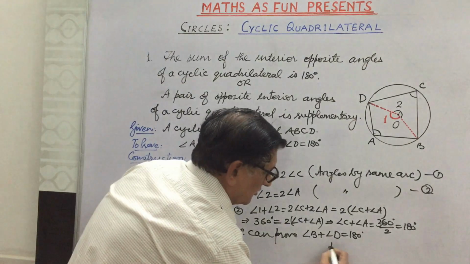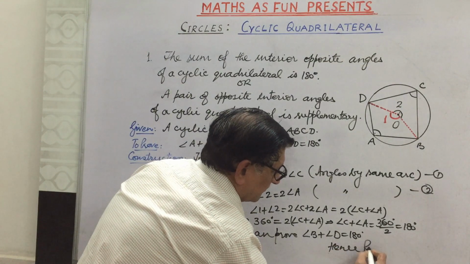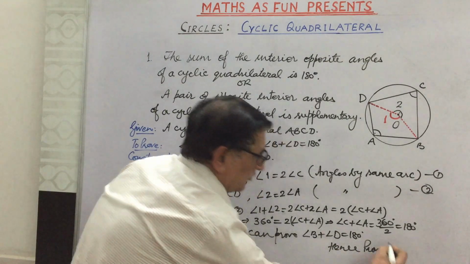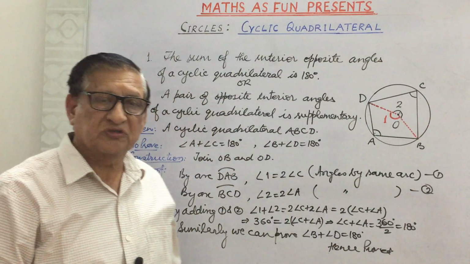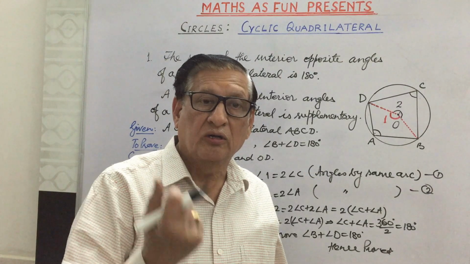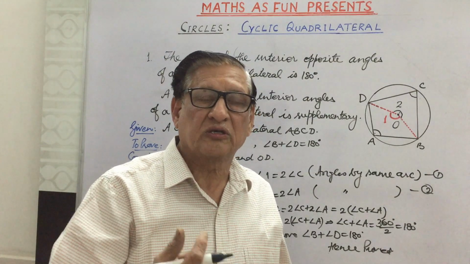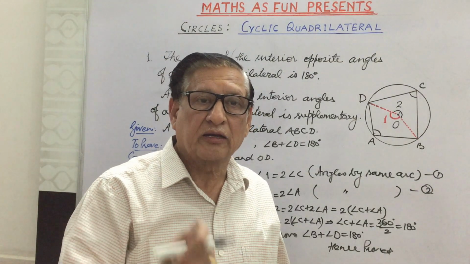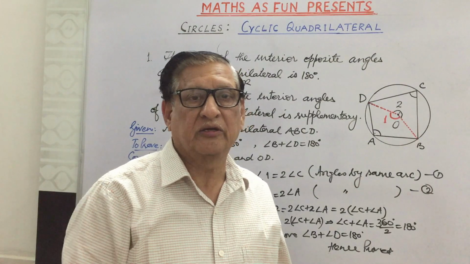And that's what we had to prove. Hence, proved. So we could see that the sum of a pair of opposite interior angles of a cyclic quadrilateral is 180 degrees.